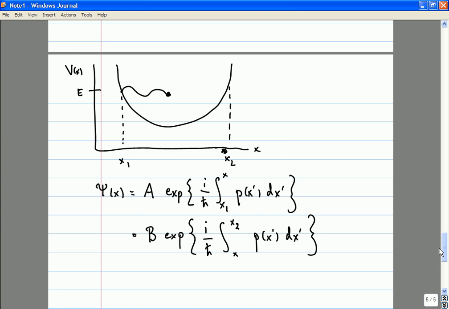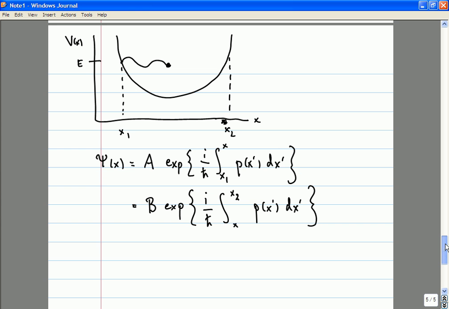In order to understand this constraint, I'm going to use a particular fact, which is that it's possible to choose psi to be real.